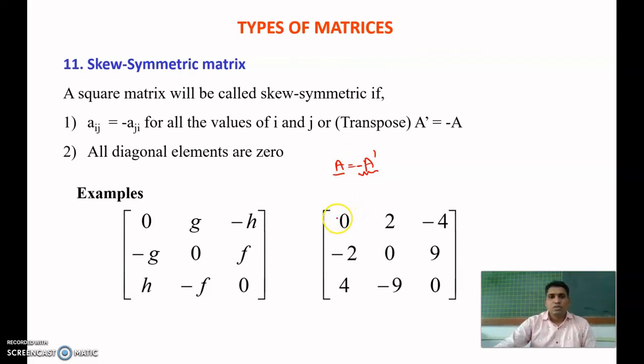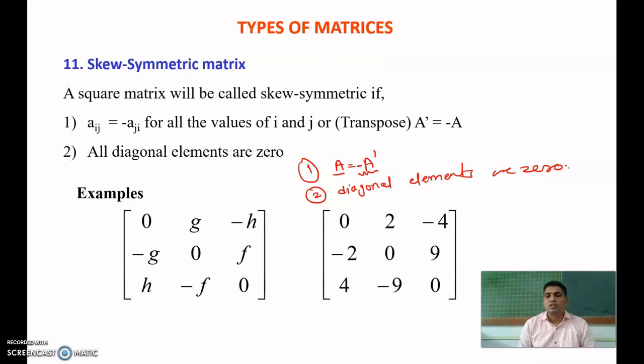That is the first condition for a skew symmetric matrix. And the second condition is that all diagonal elements of a skew symmetric matrix are zero. So these are the two conditions for a skew symmetric matrix.